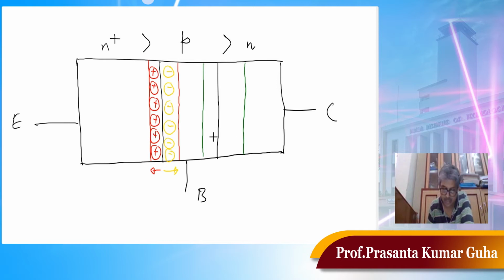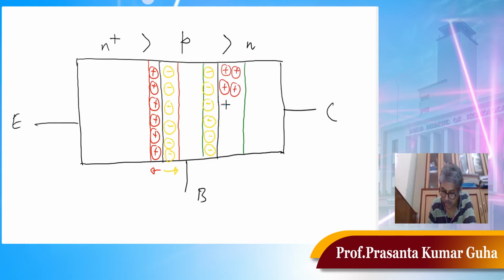What about the base and collector junction? The base again will have negative immobile ions in the depletion region, because holes have left, leaving behind these negative immobile ions. What about the collector?